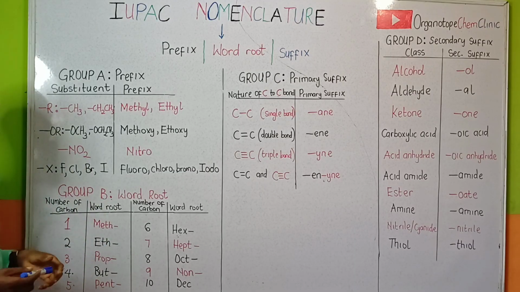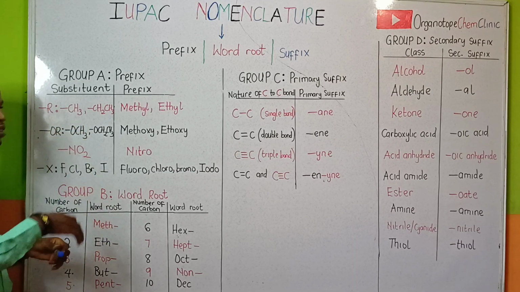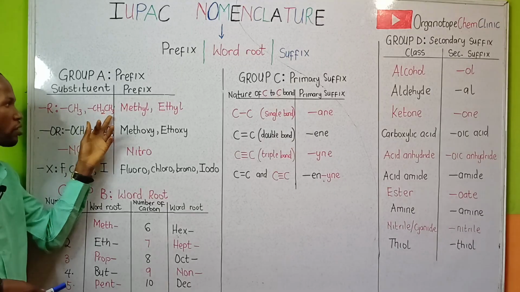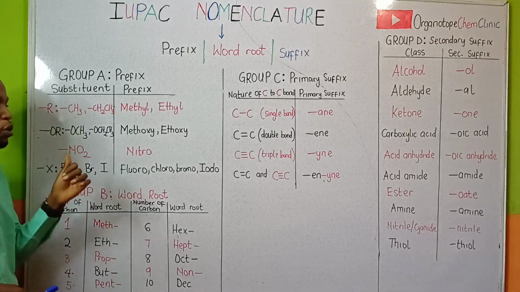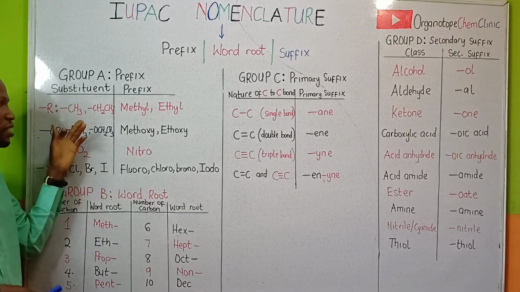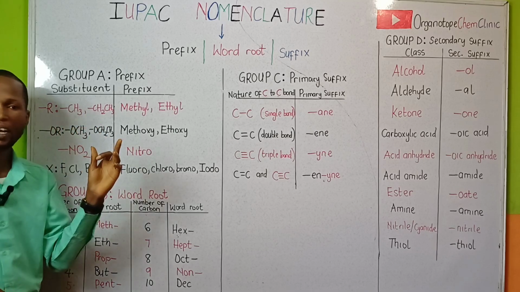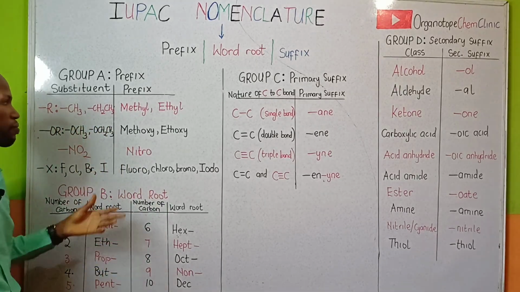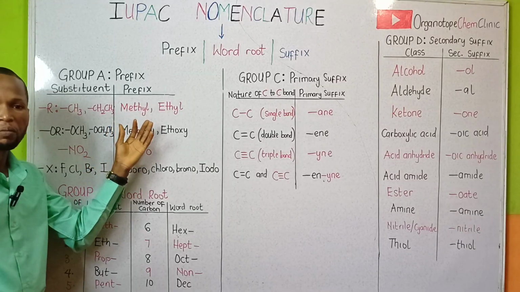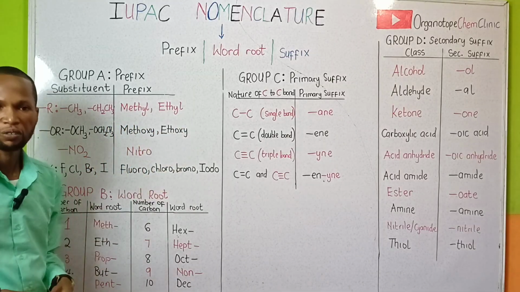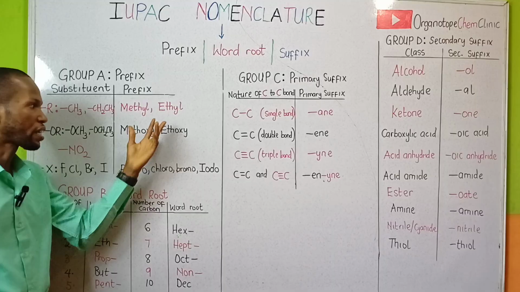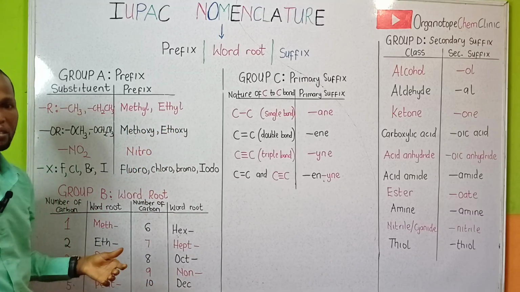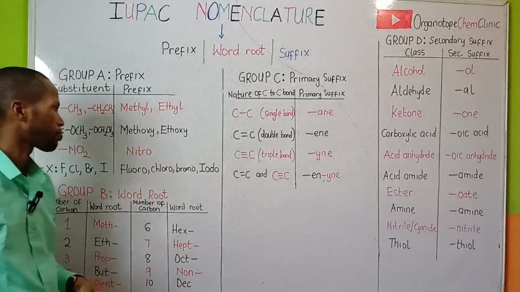The alkyl group includes the methyl group and the ethyl group. Now the methyl group has the molecular formula CH3, while the ethyl group has the molecular formula C2H5. Here we have the methyl and the ethyl group. After the ethyl is the propyl, the butyl, and so on.